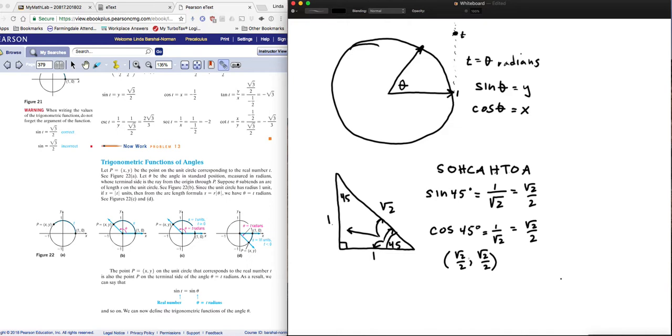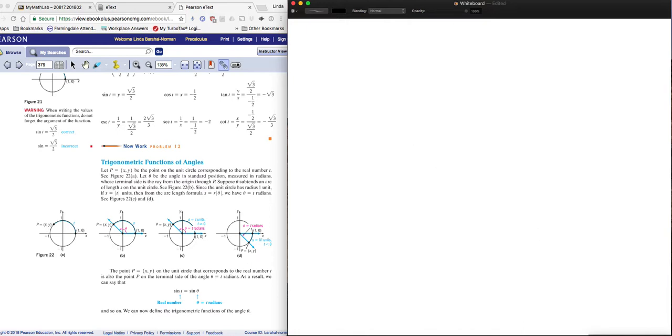All right, what about the other standard triangle that we have, which is the 30, 60, 90 triangle? It looks more or less like this, well, pretend that's triangular.